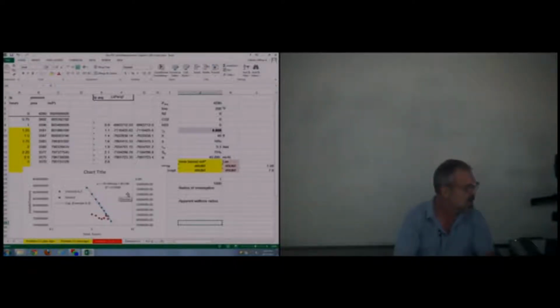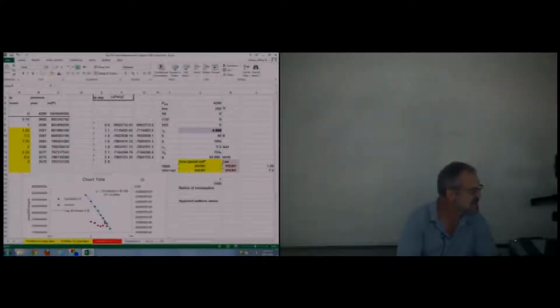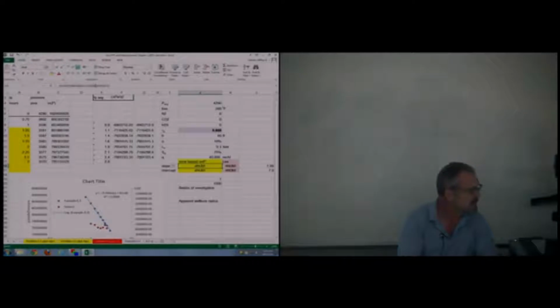So when I calculate a slope, and this is probably left over, okay, I got rid of this, the slope of this data, let's see, this is the y's versus the log of the x's. There's my slope.